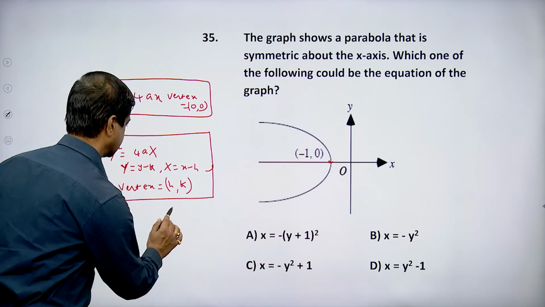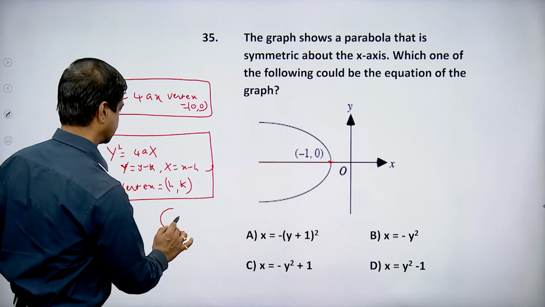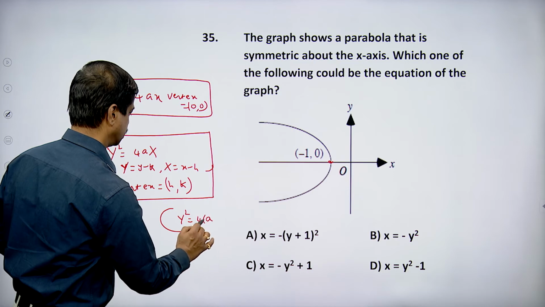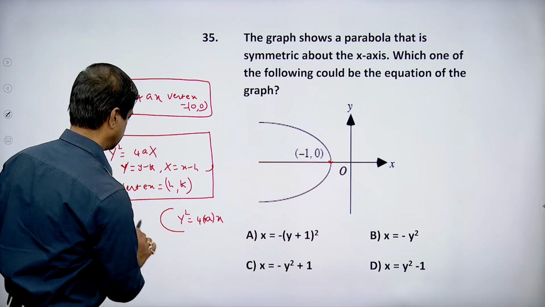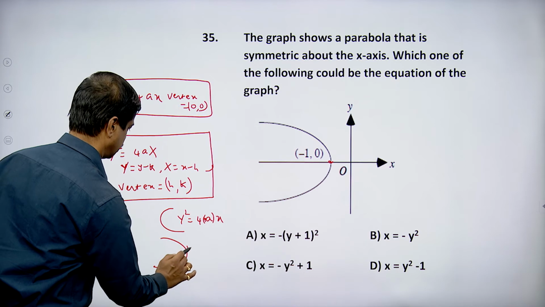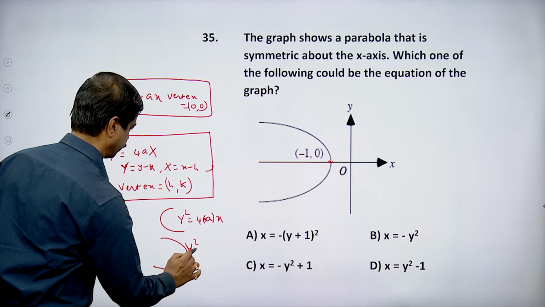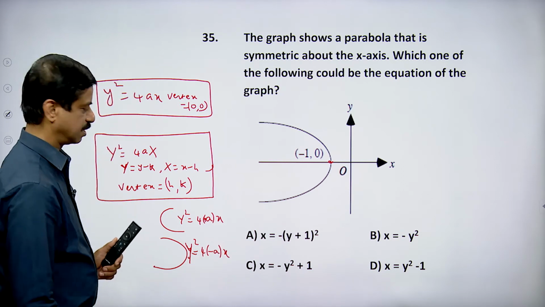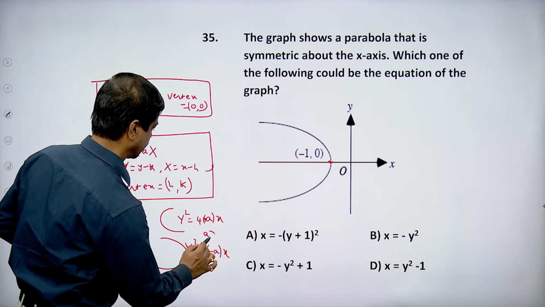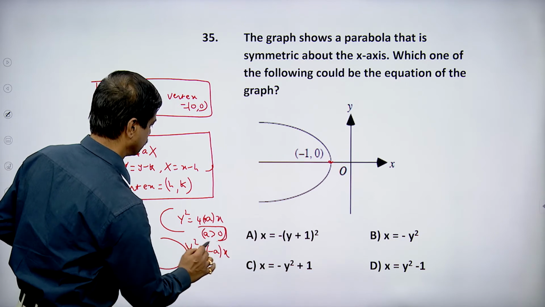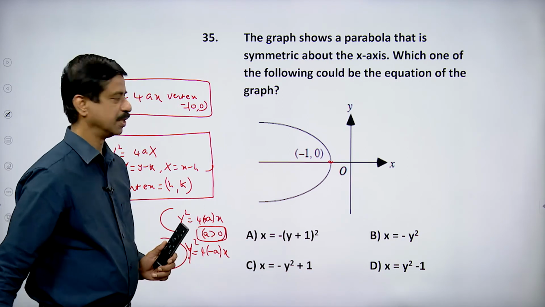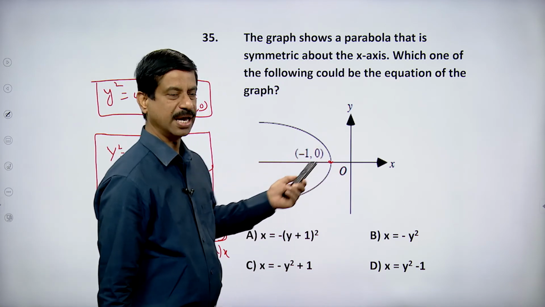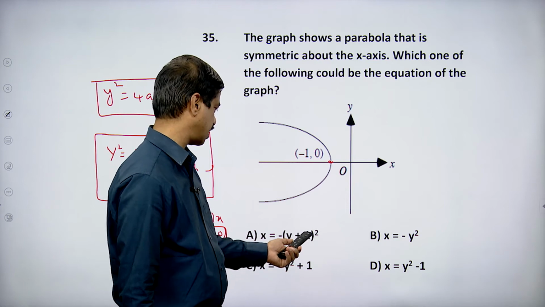If the curve is like this, it is of the form y square equal to 4 into positive a into x. If it is this type of curve, y square equal to 4 into a where a is negative. In both cases, a is greater than 0, so that is why I am saying minus a, plus a. So, this is of the form y square equal to 4ax. You see where all you have y square equal to 4ax.